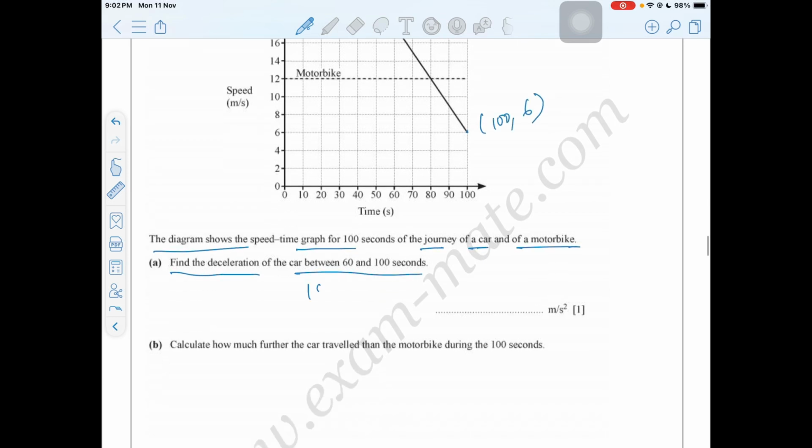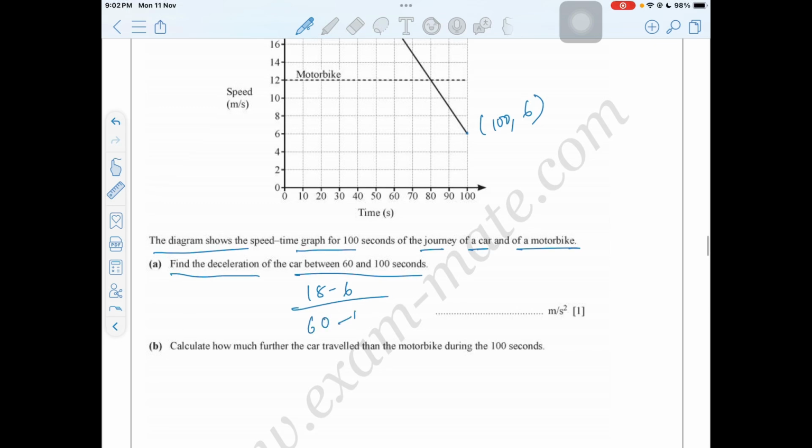So this is basically 18 minus 6 over 60 minus 100, right? So this would be 12 over 40 again, and this would be cancelled out by 4, so this would be 3 over 10, so this would be 0.3 at last. Because it's a deceleration, we will not be including a negative sign over here, right? Otherwise it would have been there.